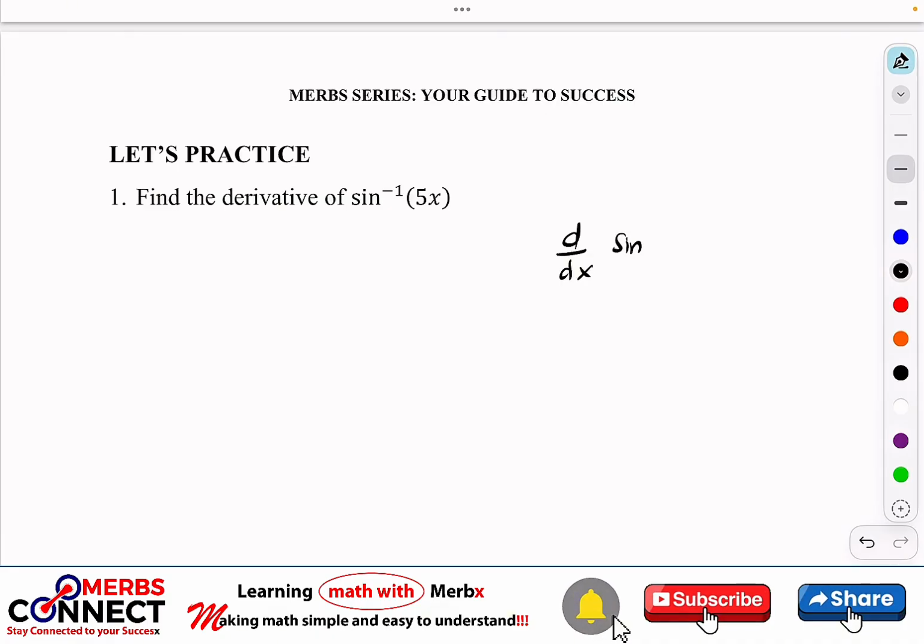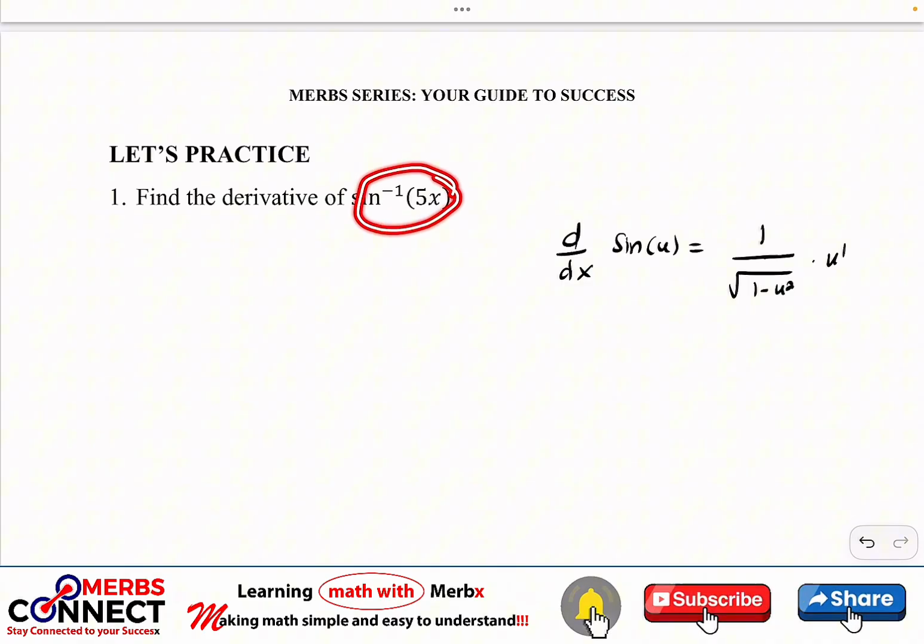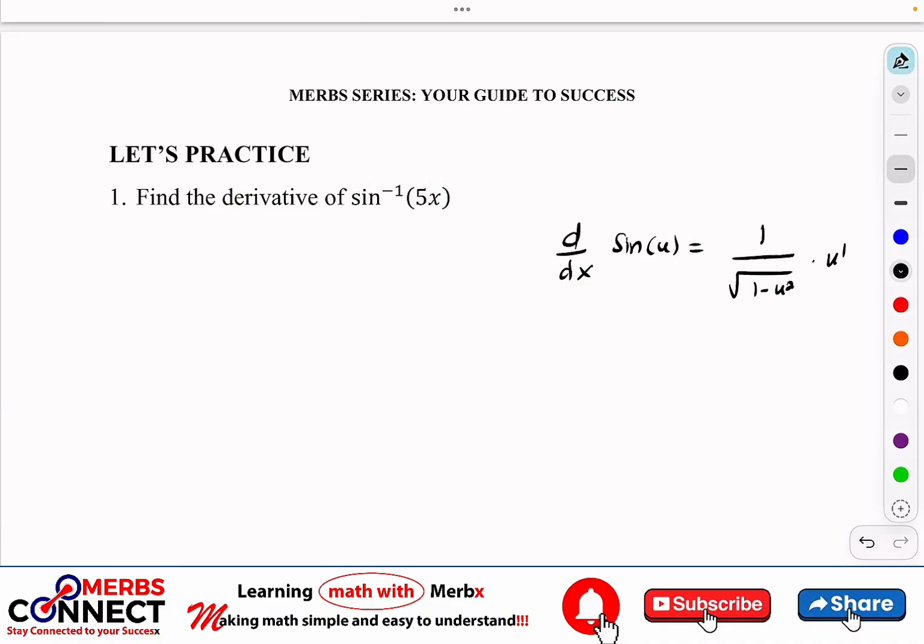I try to write the formulas down so that as I'm solving, I'll be able to remember whatever I'm doing, right? So this is 1 divided by the square root of 1 minus u squared times u prime. So when I do this, I compare what I have here with respect to what I have here. This one's supposed to be sine inverse, sorry.